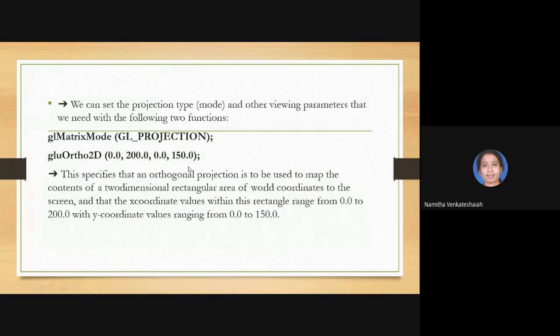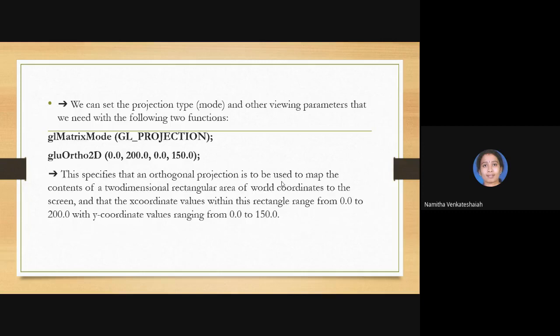Okay, and the x coordinates range from 0.0 to 200, and the y coordinates range from 0.0 to 150. So this specifies that an orthogonal projection is to be used to map the contents of a two-dimensional rectangular area of world coordinates to the screen.